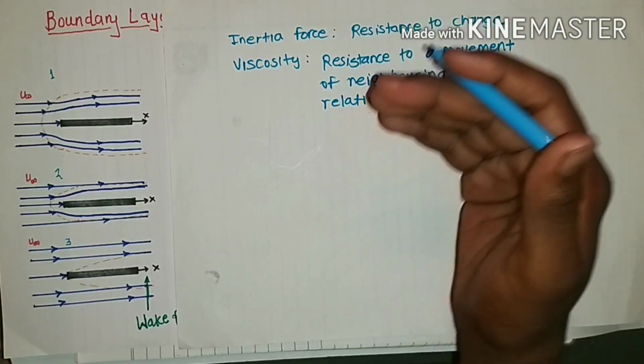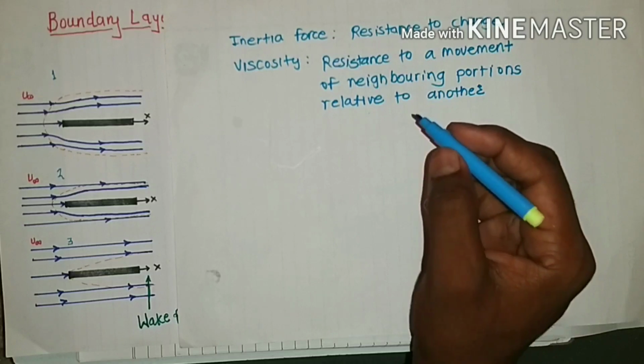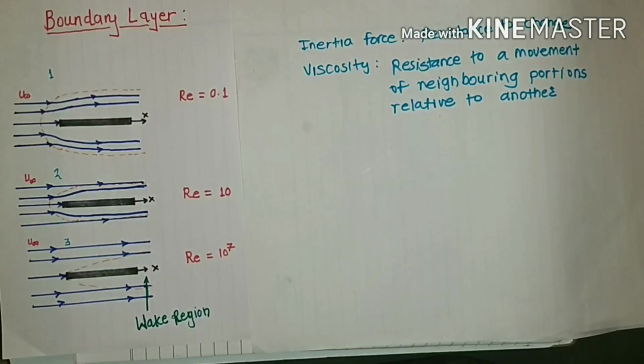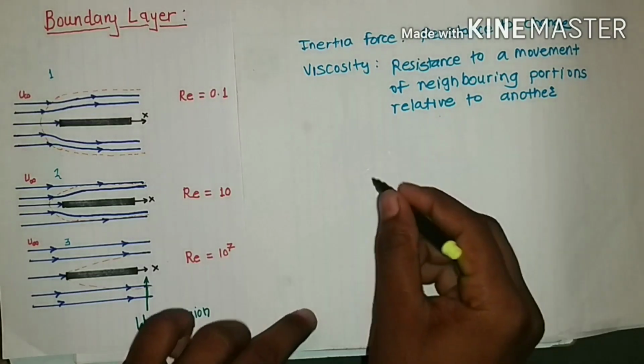These definitions are very important to understand the relationship between the boundary layer and the Reynolds number. I will try to explain on a microscopic level.